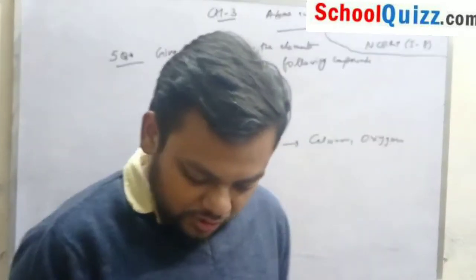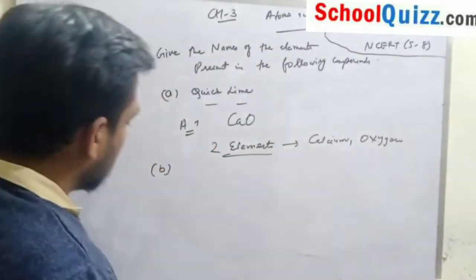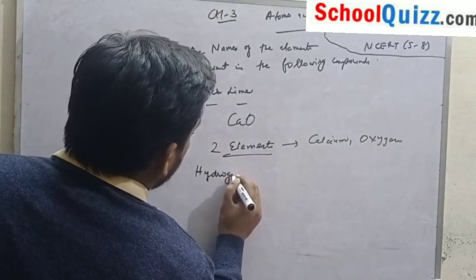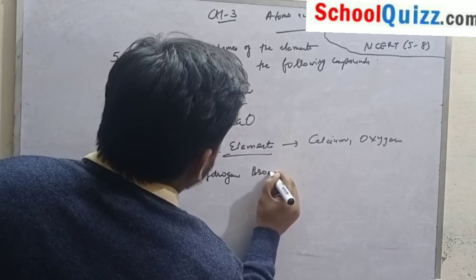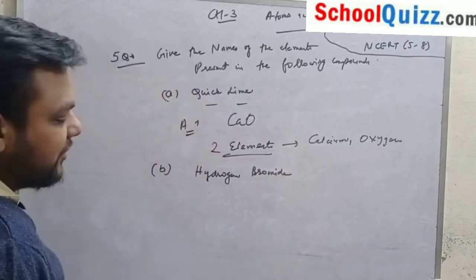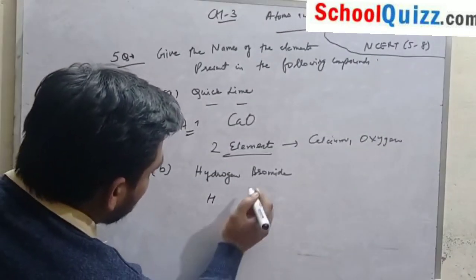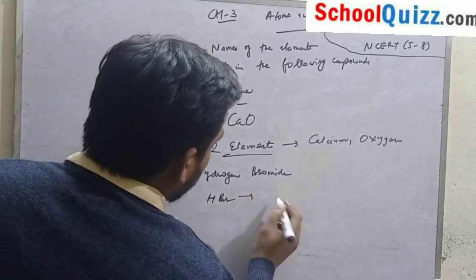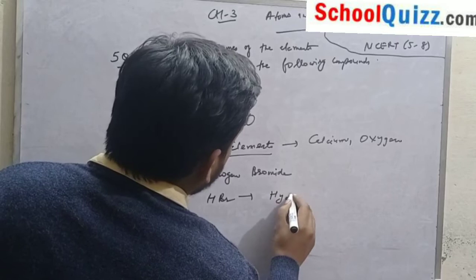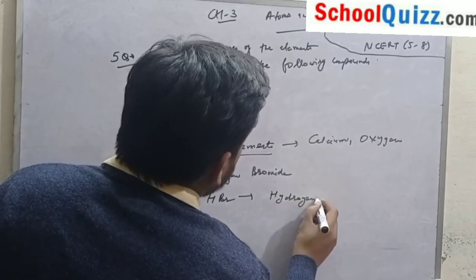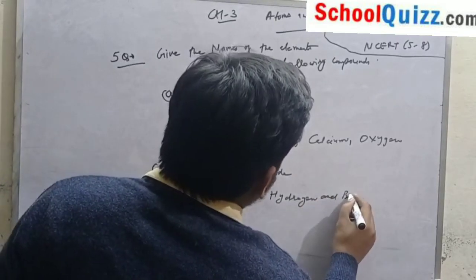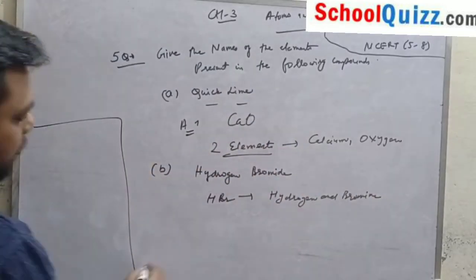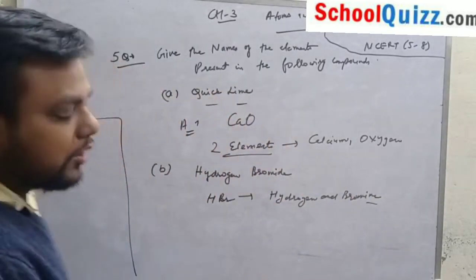Now second is hydrogen bromide. Hydrogen symbol is H, and bromine is Br. So the elements are hydrogen and bromine, not bromide.